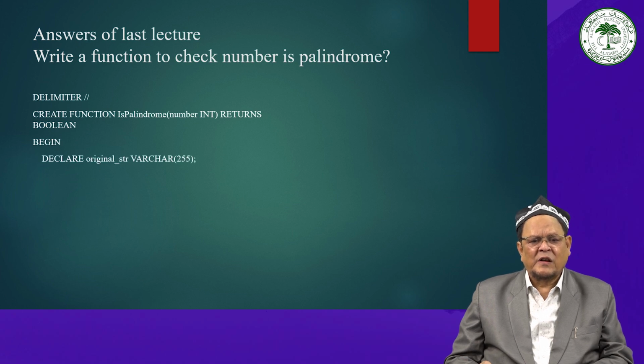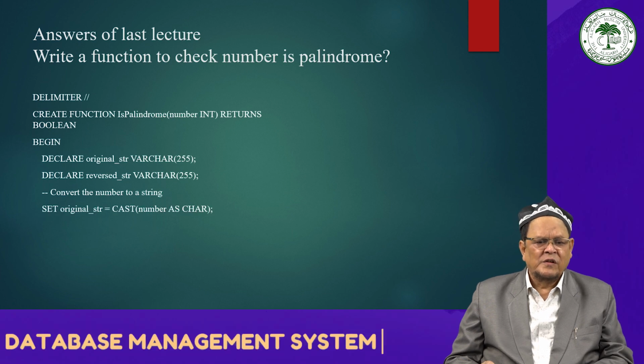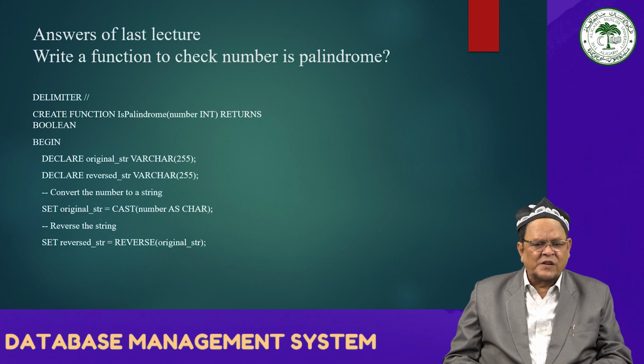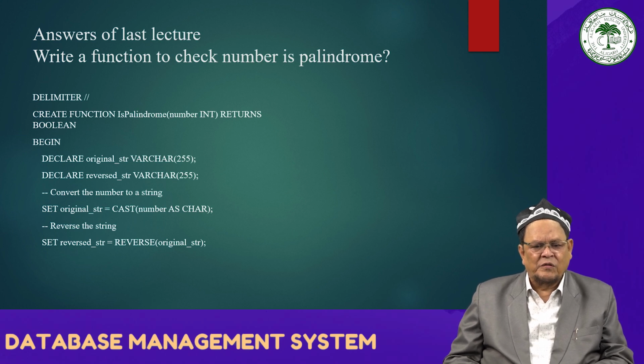BEGIN, then declare original_str VARCHAR(256), declare reversed_str VARCHAR, which means here you have to define the variables. Then convert the number into a string: SET original_str = CAST(number AS CHAR), and then SET reversed_str = REVERSE(original_str).